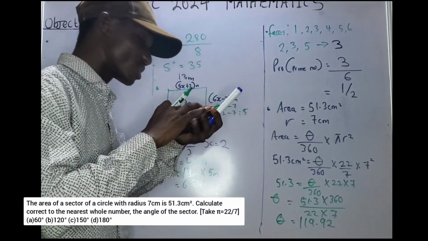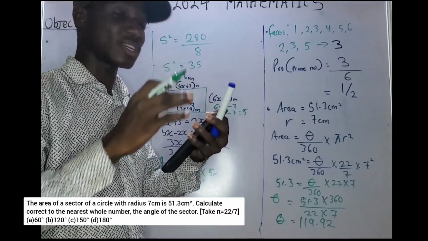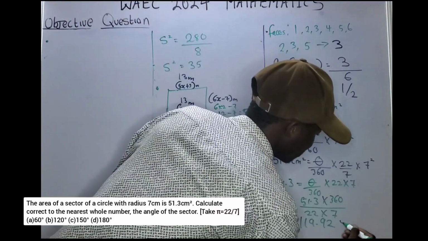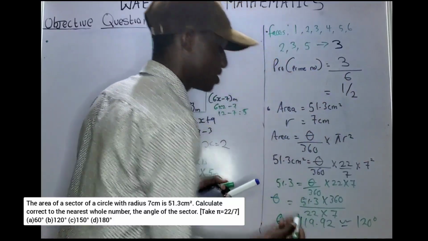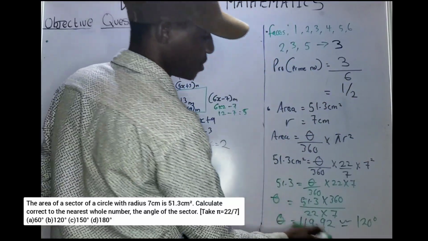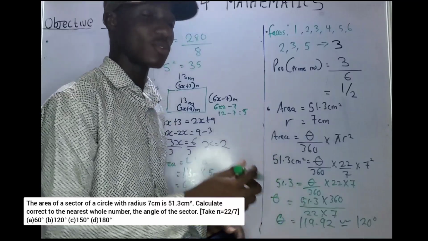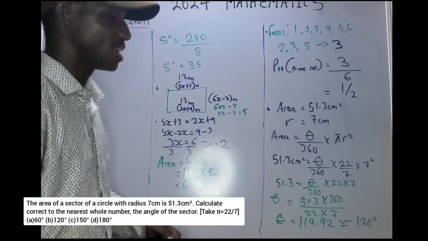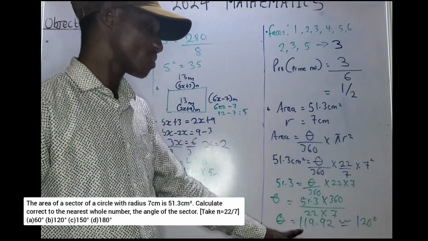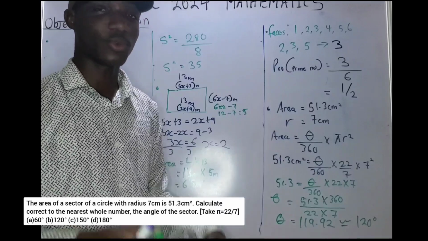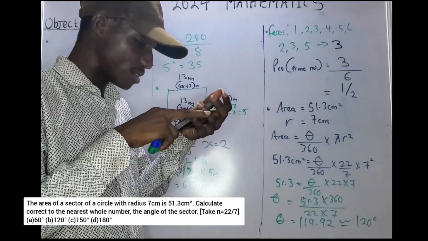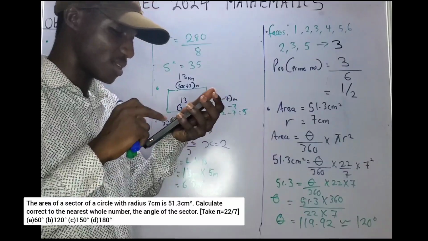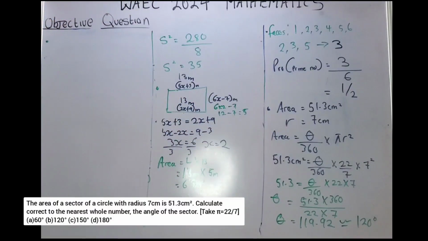Because from the question we are asked to correct to the nearest whole number, theta will be approximated to 120 degrees, because if you approximate this, you're going to have 1 plus 119, that will be 120. So the right option to that question is option B. Option B is the correct option to that question.